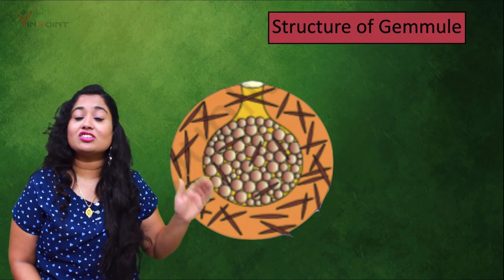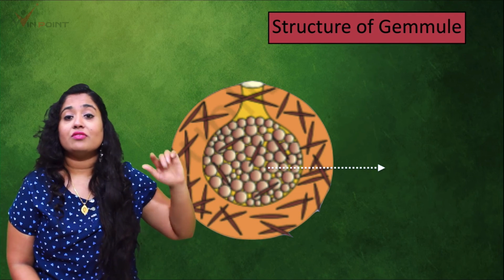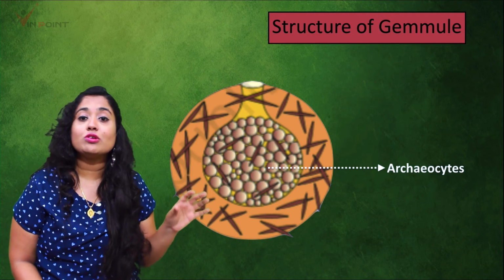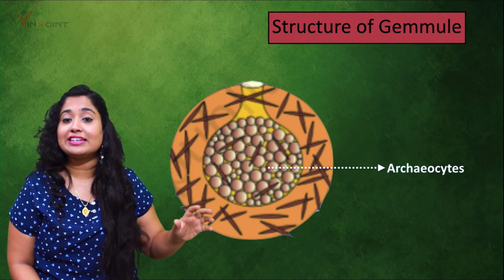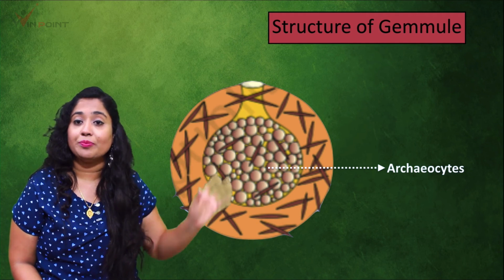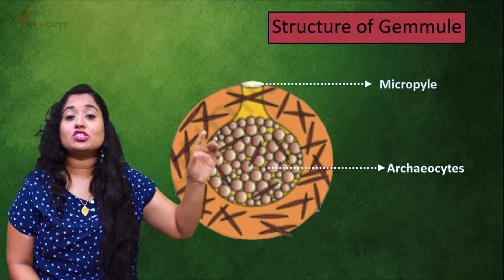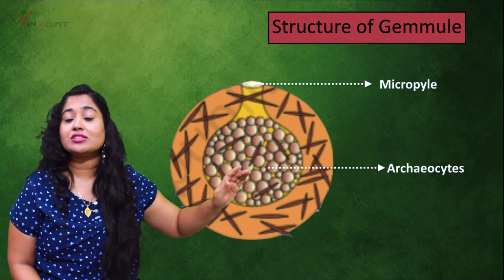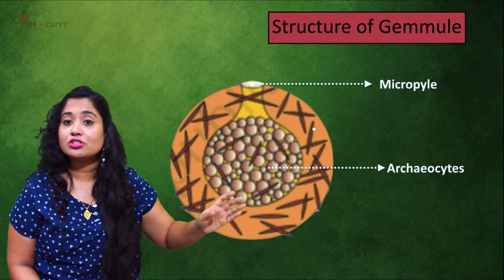Now let's see the structure of a gemmule. It has a body mass which consists of many cells. These cells are called archaeocytes. So archaeocytes are the cells which are present inside the gemmules. You can see the outer opening which is called the micropyle, through which these will be attached to the substratum and the cells will be moving out.